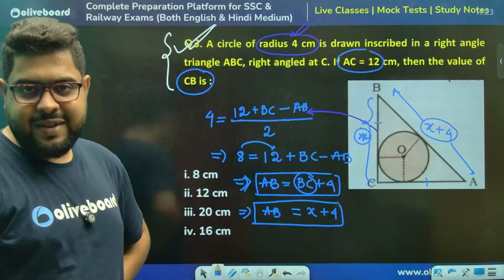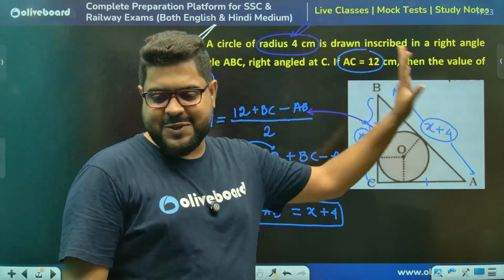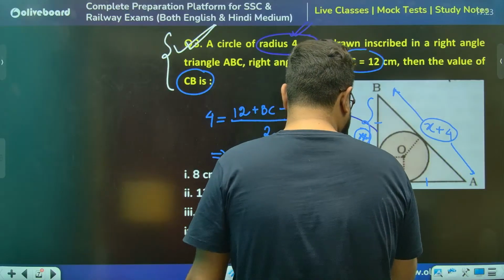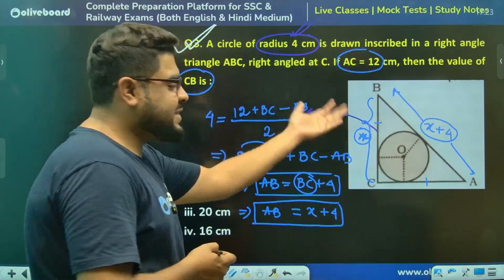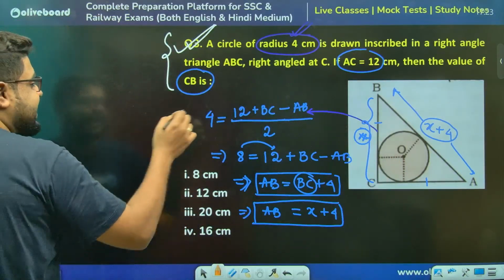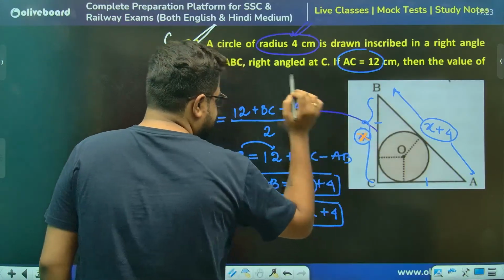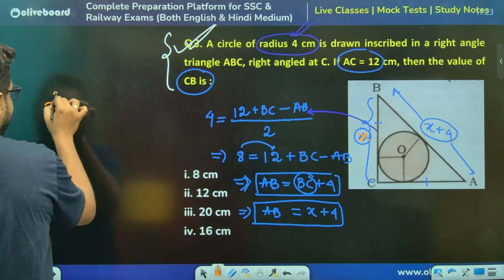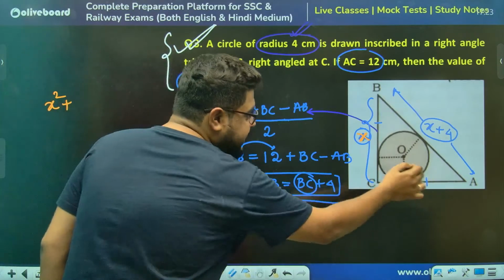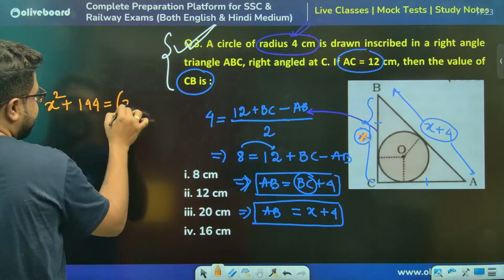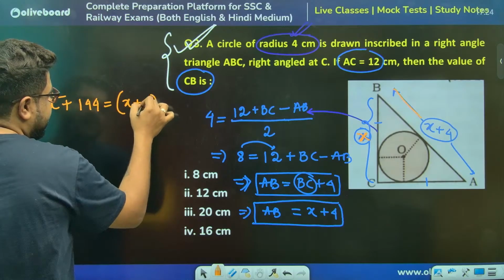Perfect. Now you see we have the best solution in the entire world. Why? Because now it's a right angle triangle, I can simply write this is X. So X square plus AC, which is 12 given, that is 12 square, 144, is equal to (x plus 4) square.